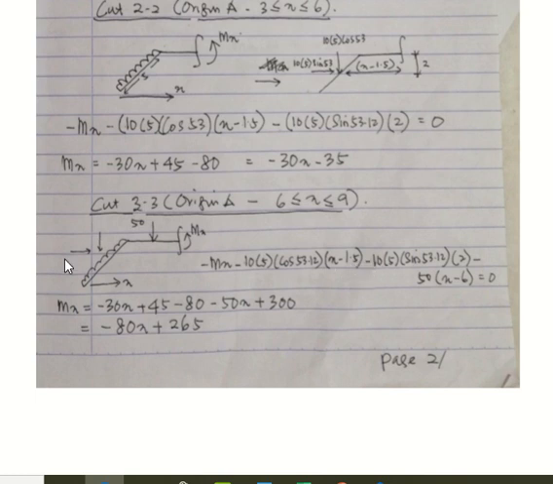Then you consider component x, which is 10 multiplied by 5 sine 53.13. This force acts at the midspan of your incline here, and the distance is from the midspan of member AB to the cutting. So full length equal to 4 when the force acts at the midspan, so that's why your distance here is 2 meters.